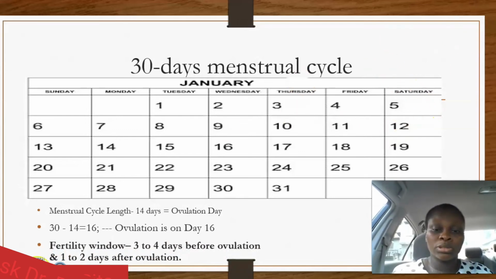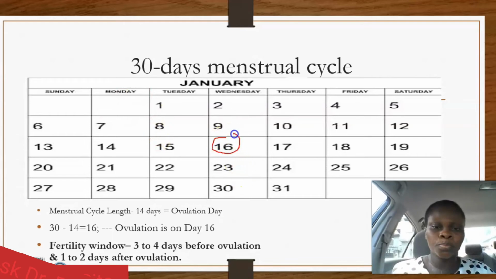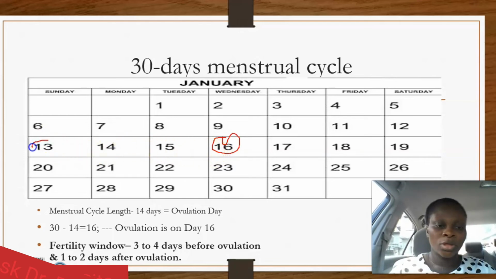The ovulation for this example is on day 16, right? Yes. And we have said our fertility window is 3 to 4 days before ovulation. So let's start counting: 1, 2, 3, 4. So from the 13th, if you're trying for a baby, from the 13th, and then 1 to 2 days after ovulation.